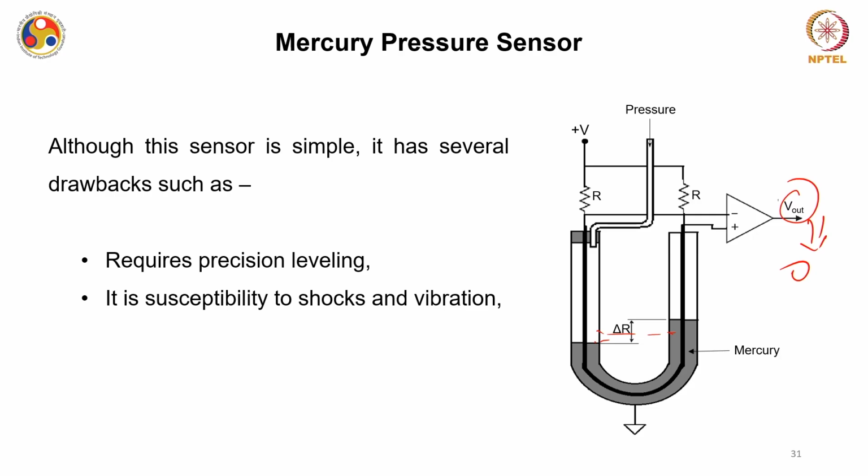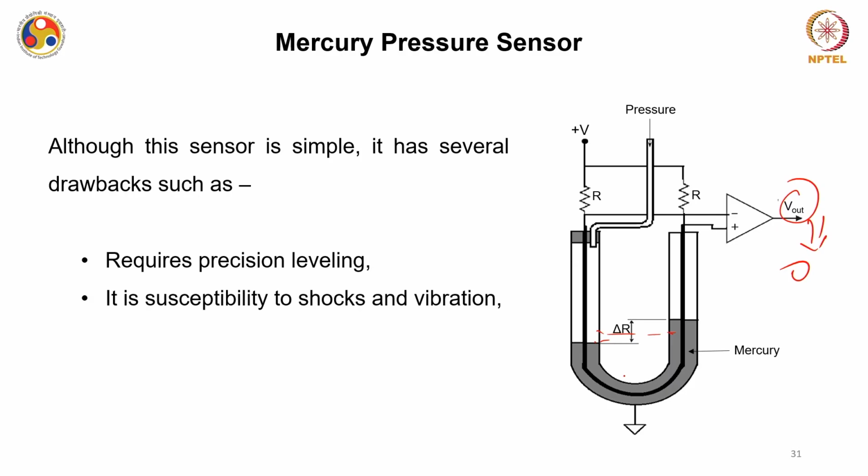So initially you require precise leveling of the two liquid meniscus. Then this is very susceptible to shock and vibration, because you are directly dealing with a liquid. Even a small shock or small vibration will have two effects. First, it will not allow the bridge to be at balance condition.